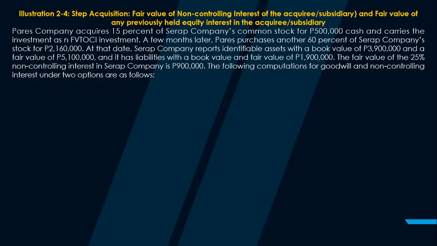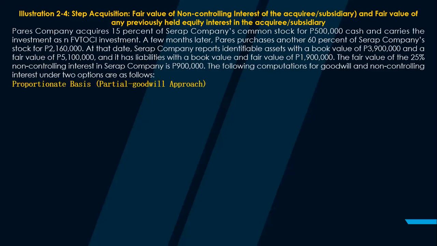At that date, Syrup Company reports identifiable assets with a book value of 3.9 million and a fair value of 5.1 million, and liabilities with a book value and fair value of 1.9 million. The fair value of the 25% non-controlling interest in Syrup Company is 900,000.